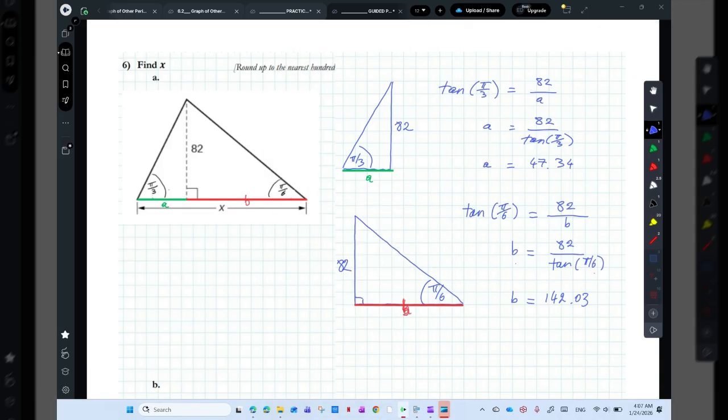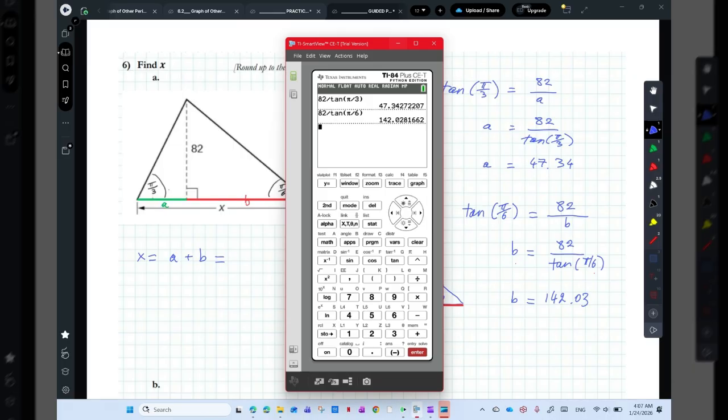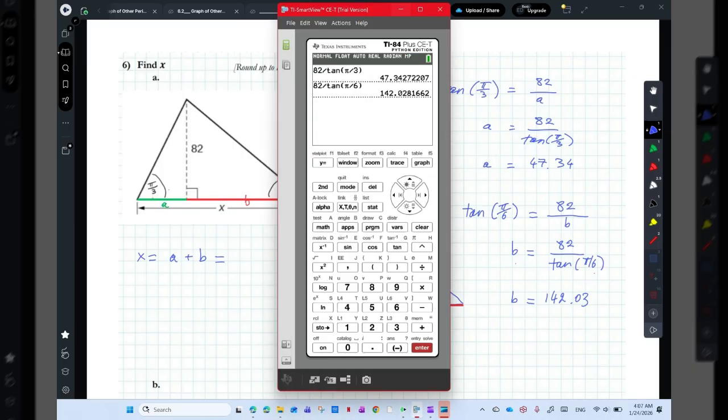And I will have x equals A plus B, which will be 47.34 plus 142.03, and I will have 189.37.